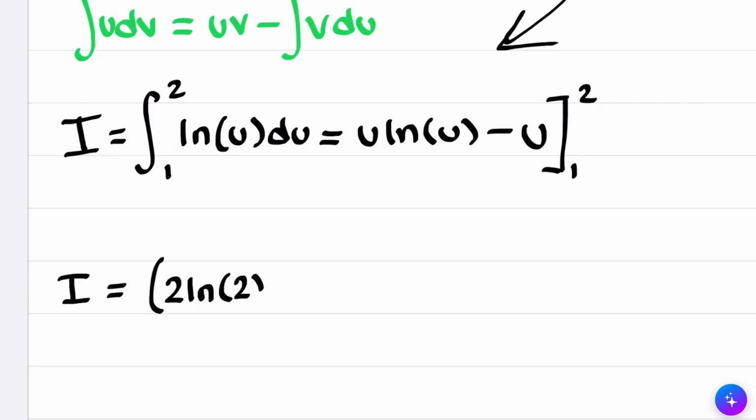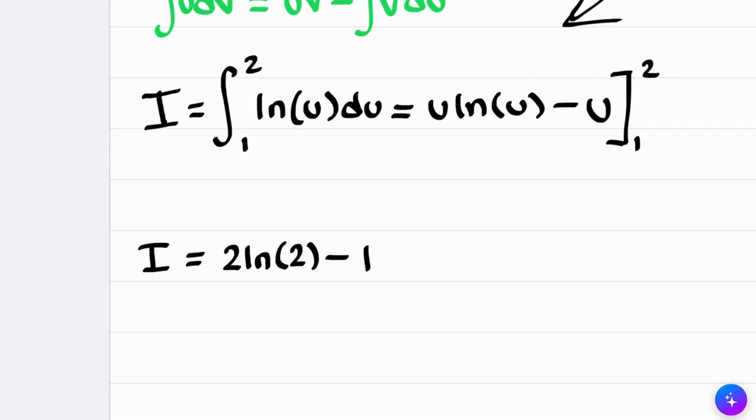So we get 2 ln 2 minus 2, minus, and let's plug in the bottom bound, 1 ln 1. So it's just ln 1 minus 1. Well, ln 1 is 0, so this just becomes negative 1. Minus negative 1 is just plus 1. And the negative 2 plus 1 is just minus 1.